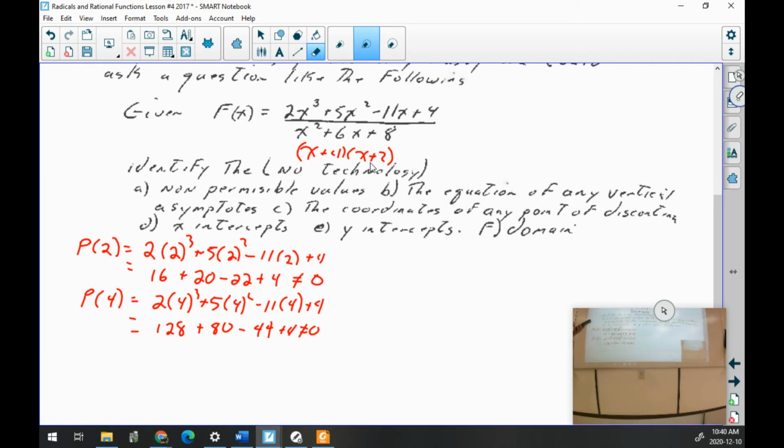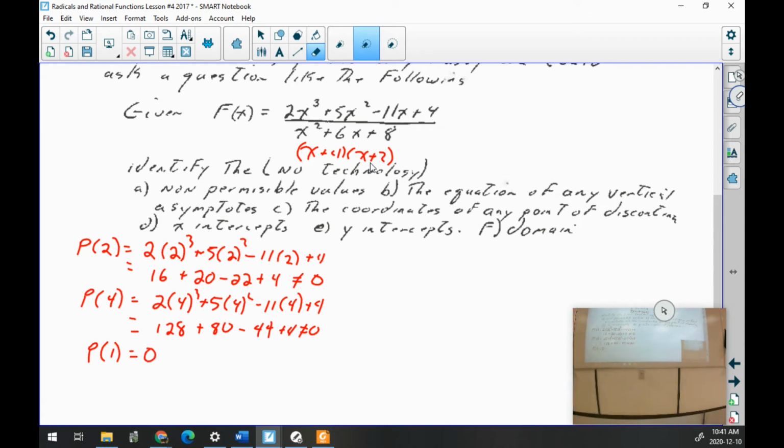And then I'm going to test -1, +1. Okay, +1 works. So P at +1 does equal 0.